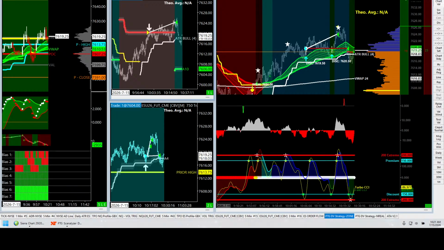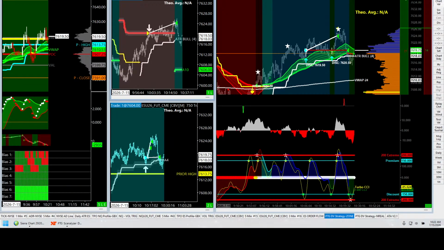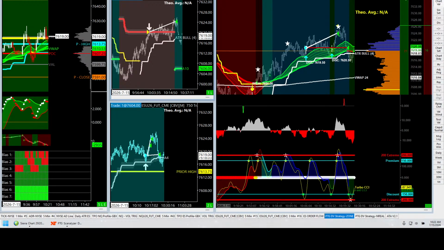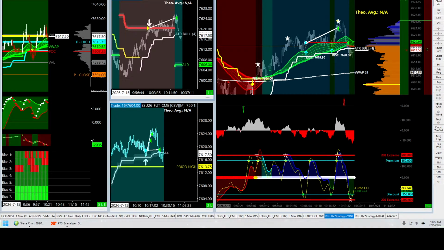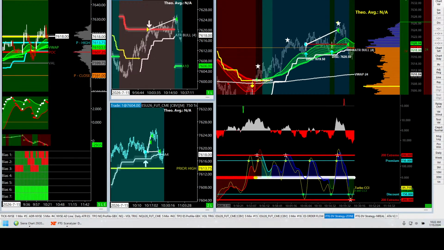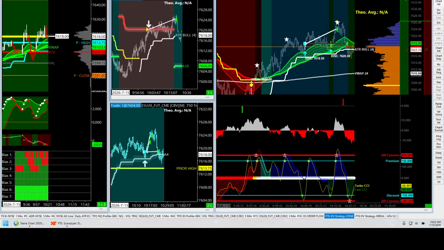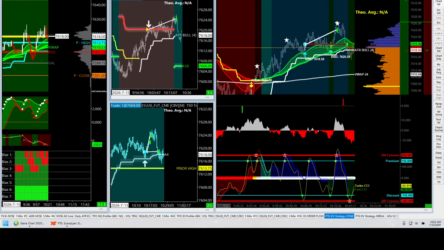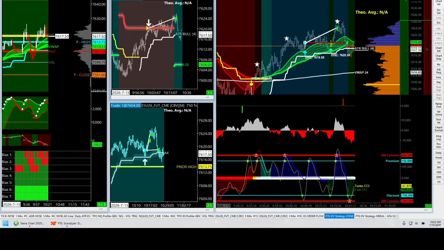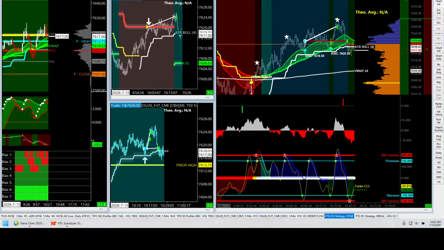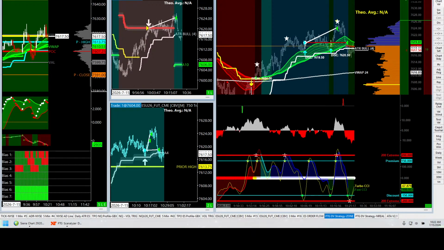So what you don't want to do is interfere with a strategy. If you're running a particular strategy, let it run and accept the stop out if it happens, because that's part of the strategy. You're minimizing your losses, and when it does work, you're maximizing those gains.